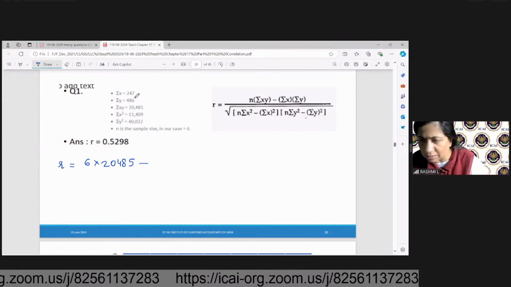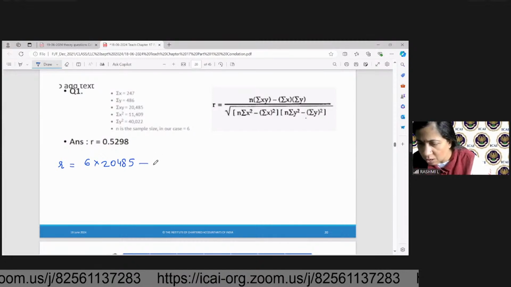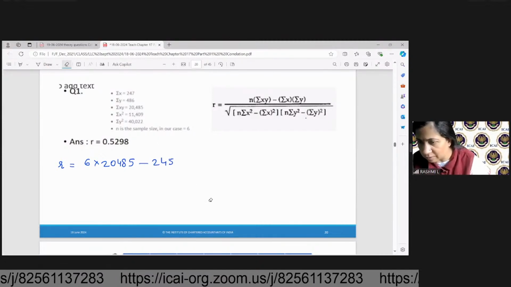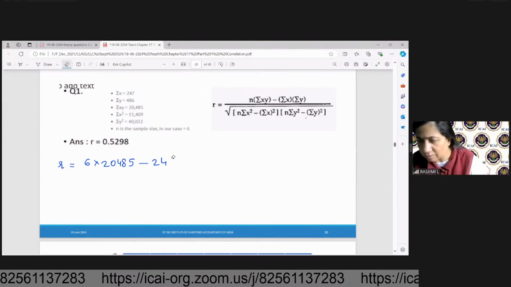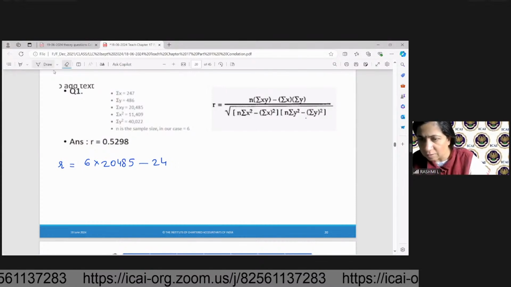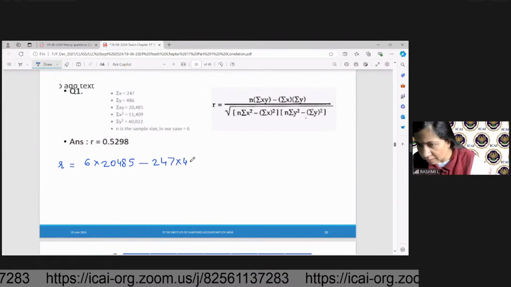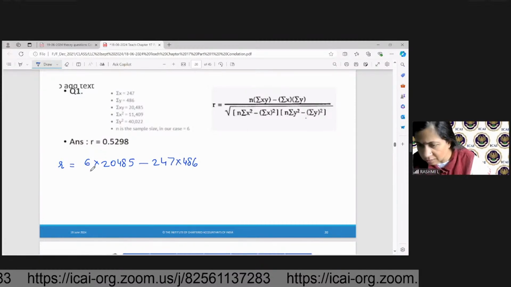Summation x is 247 and summation y is 486. So 247 into 486.